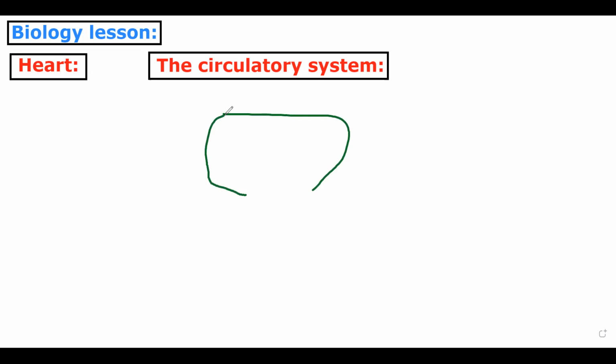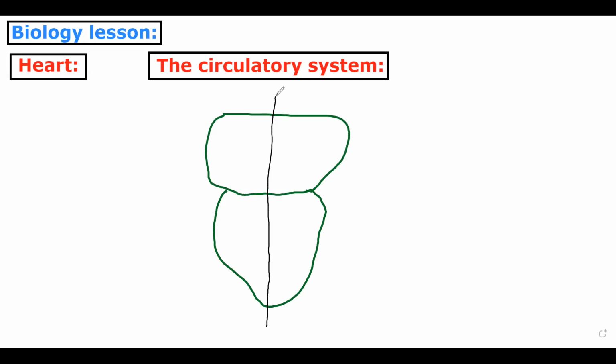We have had something like that, right? And we have basically 4 sections in it that we will be talking about. When I divide it from here, in the middle, what do I have?